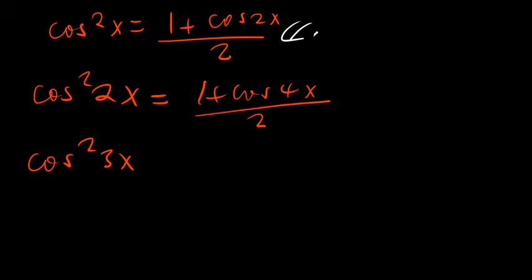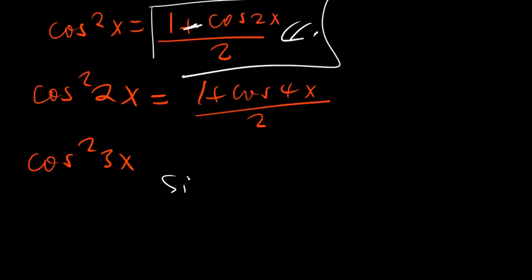The only difference that I want you to understand here is, whenever we're talking about cos and sine, these things are the same. The only difference is, whenever we're talking about sine, there will be minus here. Everything is the same. So if I have got sine squared x, it is going to be 1 minus cos 2x divided by 2.